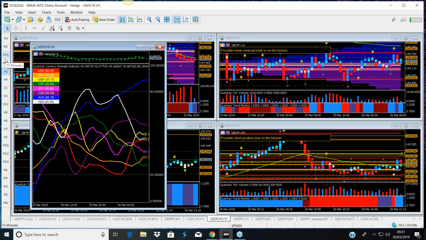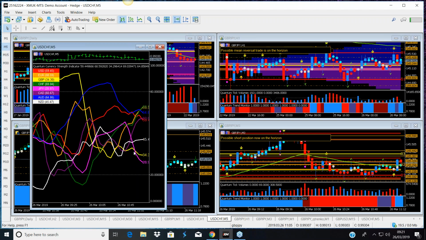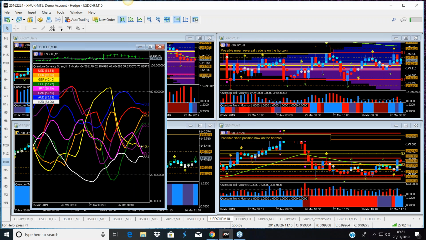While David was speaking, I was looking at the CSI, and I went to the 5-minute chart, and there wasn't strong divergence. Then I looked at the 10-minute up here. Now we're seeing a little bit of, I wouldn't say divergence so much on the pound yen, but we're seeing some selling coming into the yen.